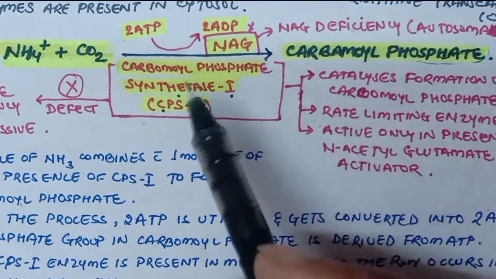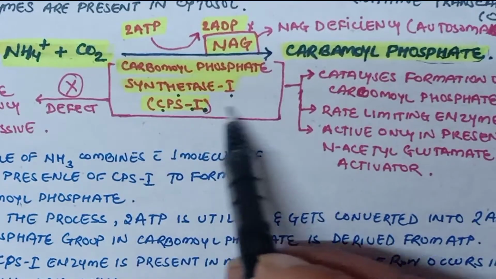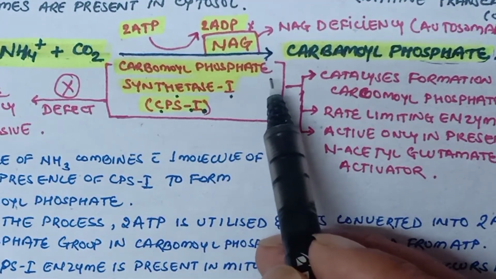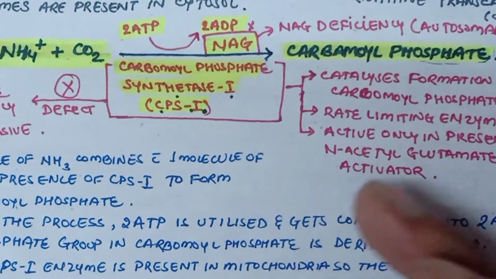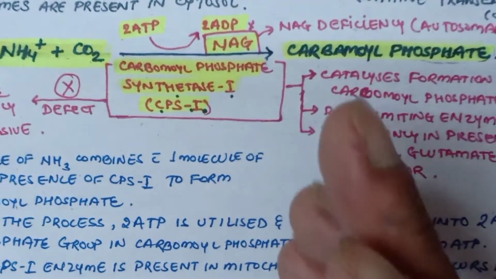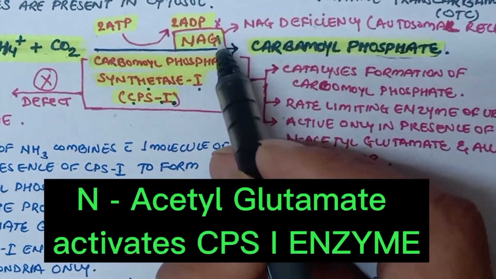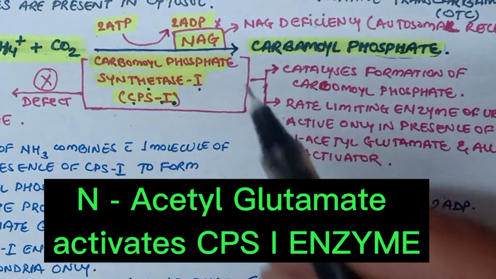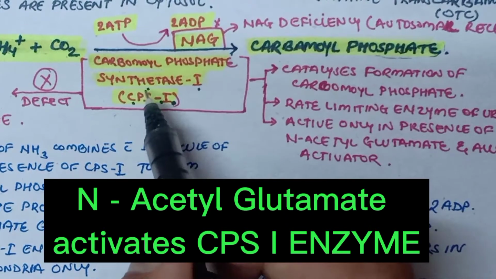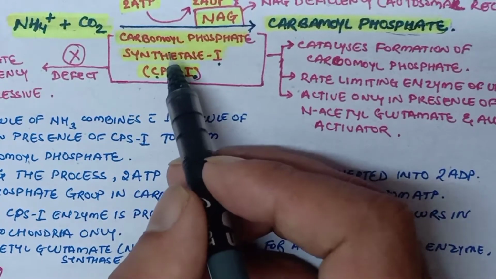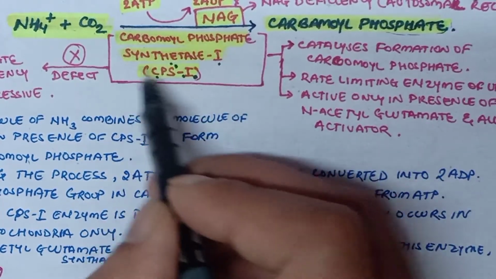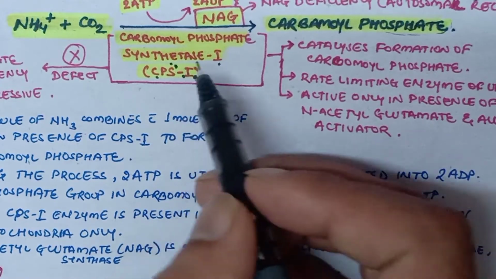Now since this enzyme carbamoyl phosphate synthetase type 1 is present in the mitochondria, this reaction occurs in the mitochondria only, and N-acetyl glutamate is necessary for activation of this enzyme. So what are the properties of carbamoyl phosphate synthetase type 1?